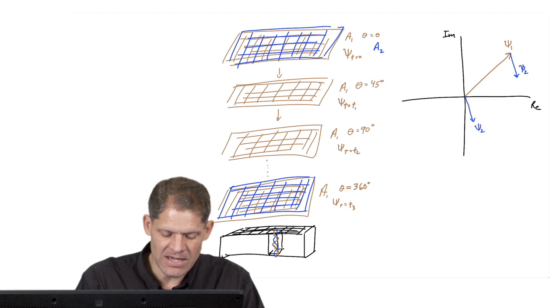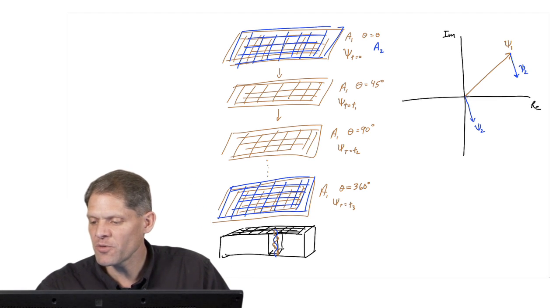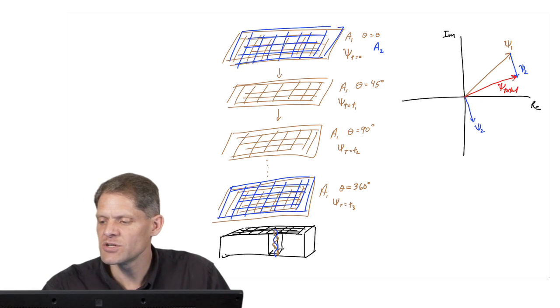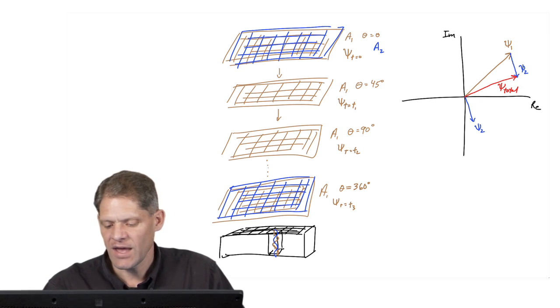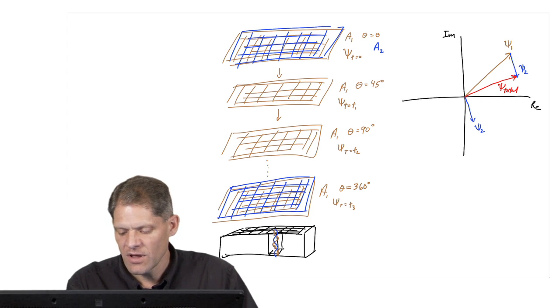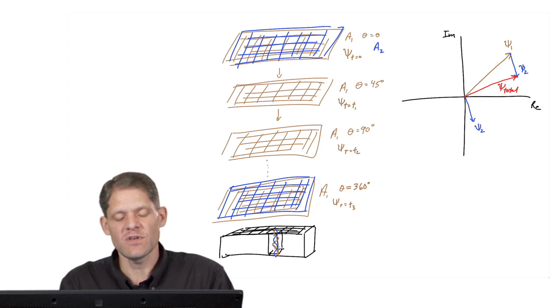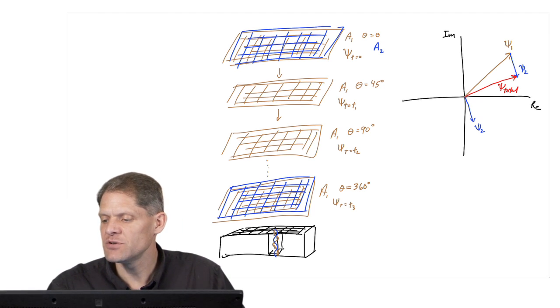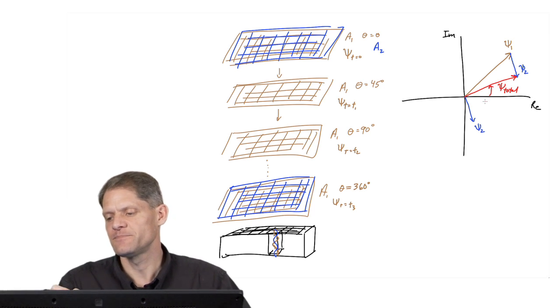And then I can see what the result of both of them together is, because the sum of them will be this, and I'll call this psi total, is now a vector from the origin to the tip of the second. And so these two waves, if they have the same frequency, when added together, will have an amplitude equal to the distance from here to there, and will have a phase equal to that phase.